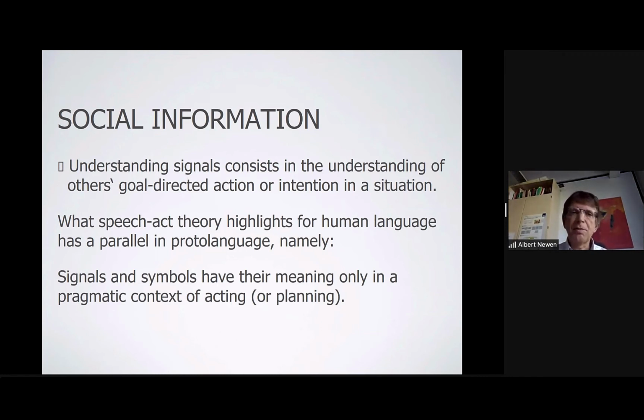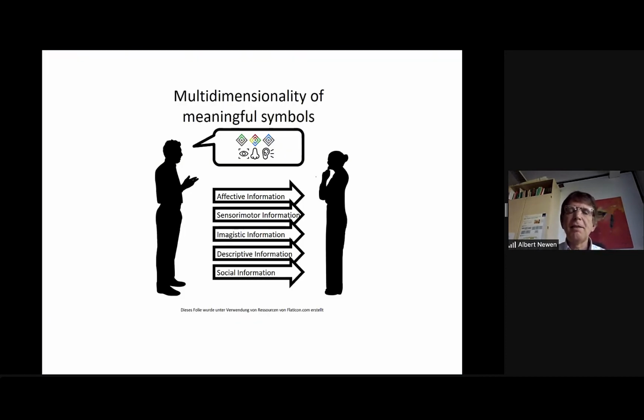So in general, what speech act theory highlights for human language has a parallel in proto-language, namely, signals and symbols have their meaning only in a pragmatic context of acting or planning. So far, this second part was dedicated to highlighting the multidimensionality of meaningful symbols.